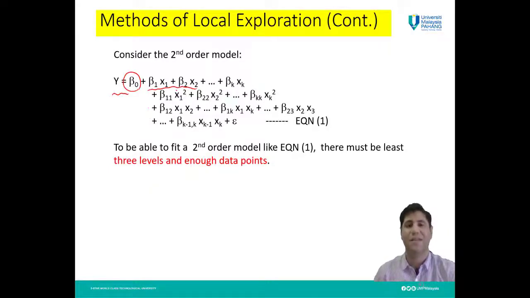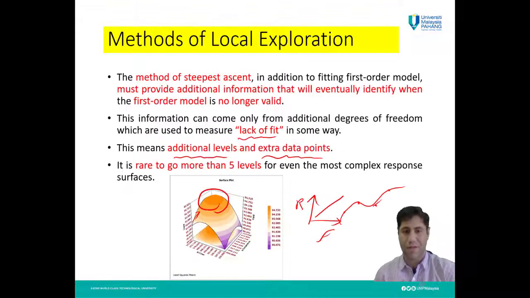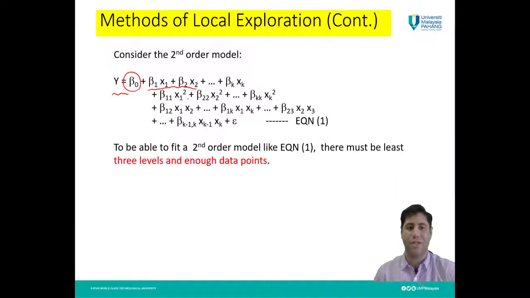And generally, the model which can help us to get the peak in the process space is an equation like this. To find this equation, we need to have at least three levels and enough data points in our experiment matrix.